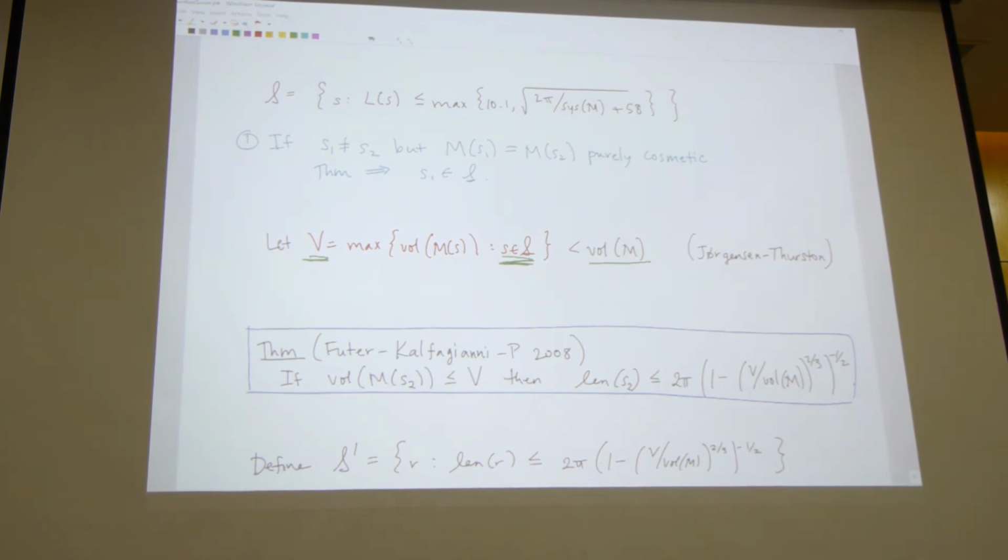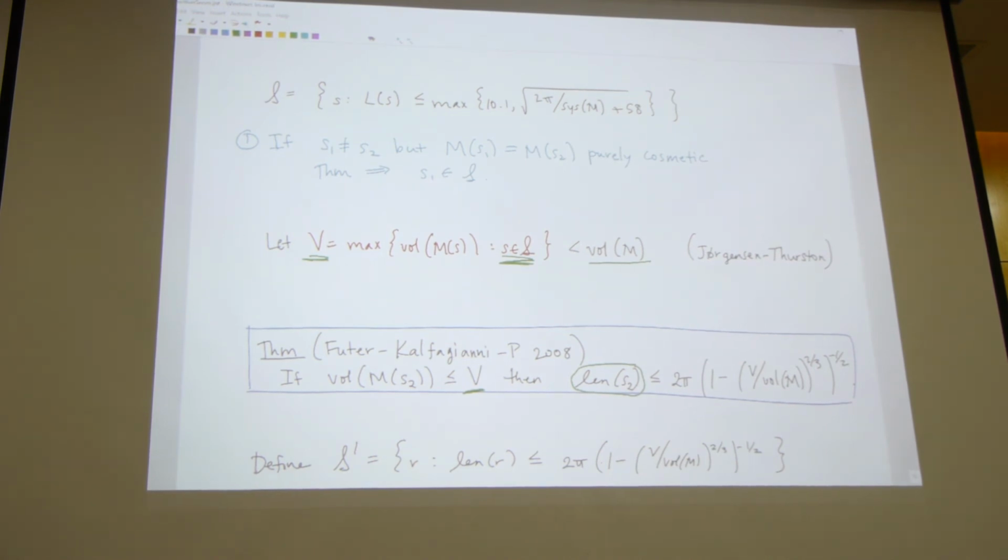Then there's a theorem that I have with Dave Futer and Efstratia Kalfagianni that gives you bounds on the volume. If the volume of M(S2) is less than or equal to this constant V, then the length of this slope S2 has to be bounded by 2 pi times a computable value: 2 pi times 1 over the square root of 1 minus V over the volume of M to the 2/3 power.